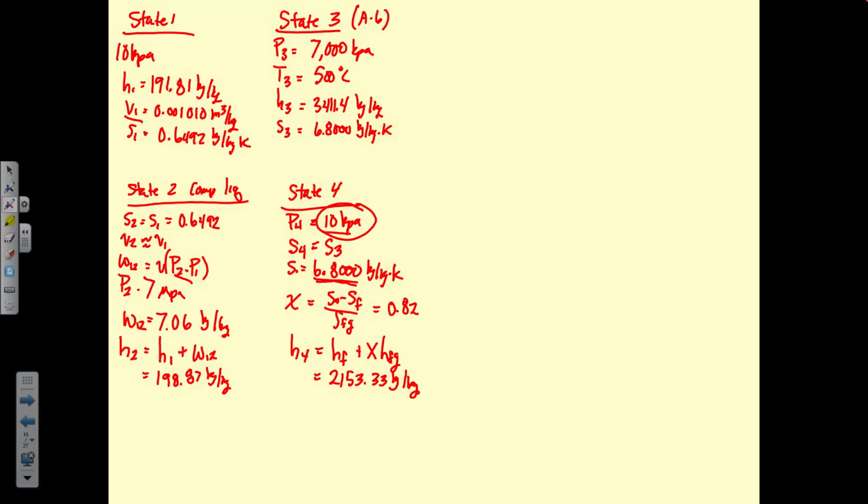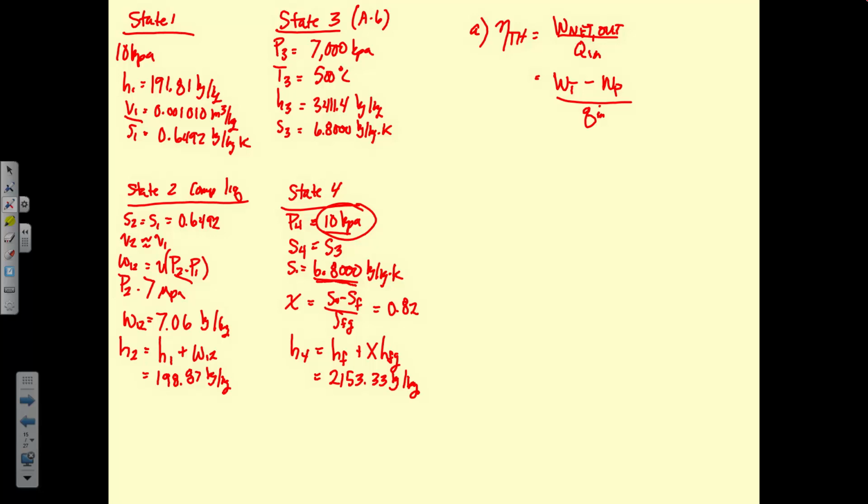Okay, so we've got all of our states specified, states 1 through 4. So now we can start calculating some of the information that we want in this problem. So part A, we want to know the thermal efficiency of the entire cycle, which is just the net work out over Q in, and in this case the net work out is the work of the turbine minus the work of the pump over Q in.